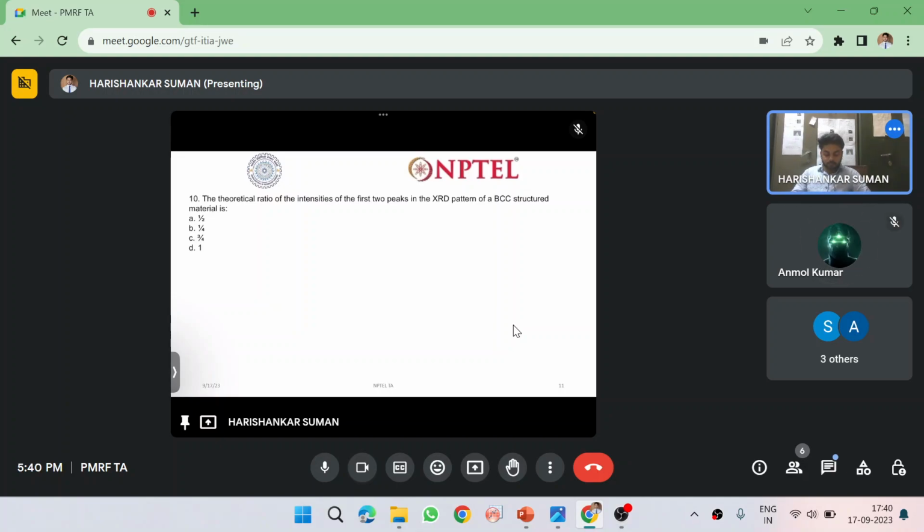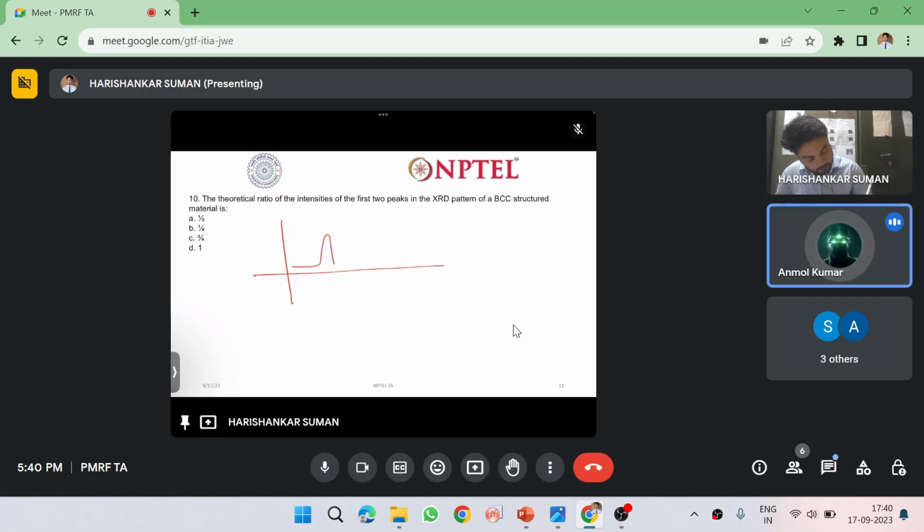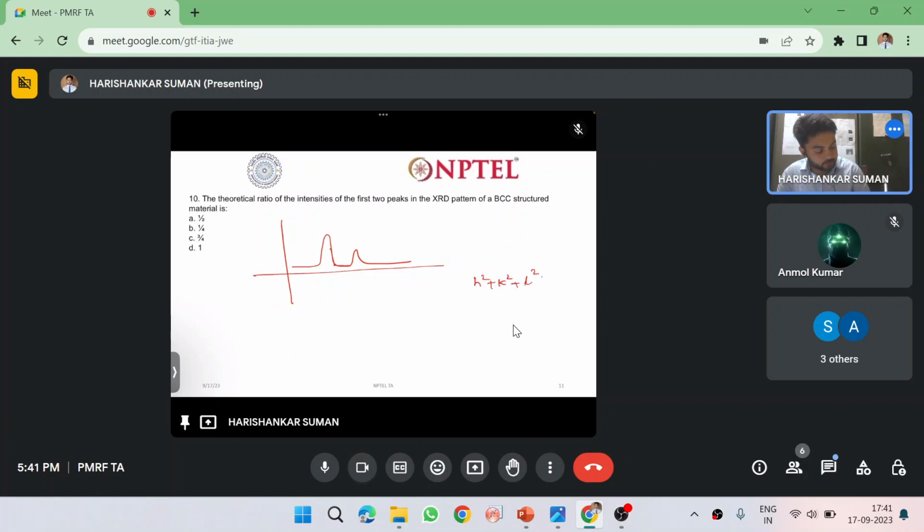So 1 by 2. BCC has all even sums: 2, 4, 6, 8. So 2 by 4, 1 by 2. What are the first and second peak HKL indices and the h square plus k square plus l square values? They are coming 2 and 4.